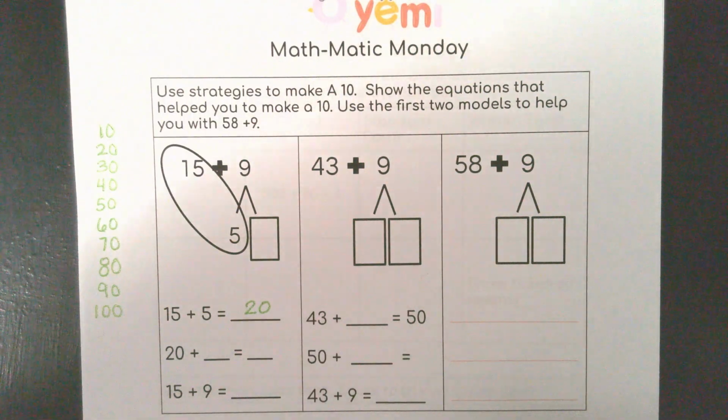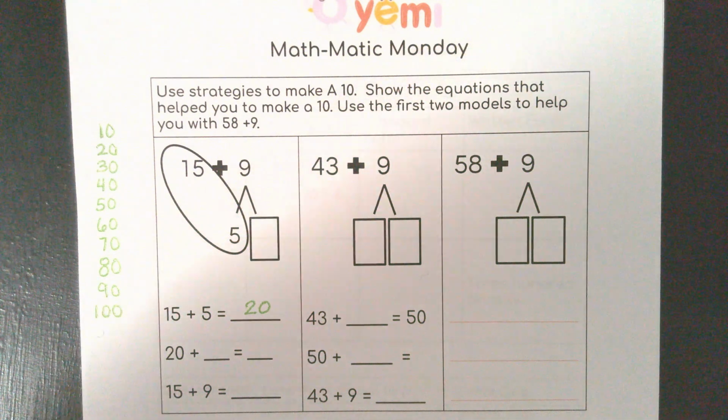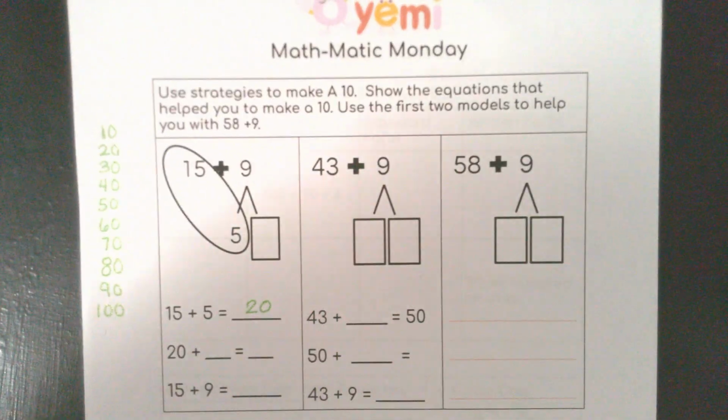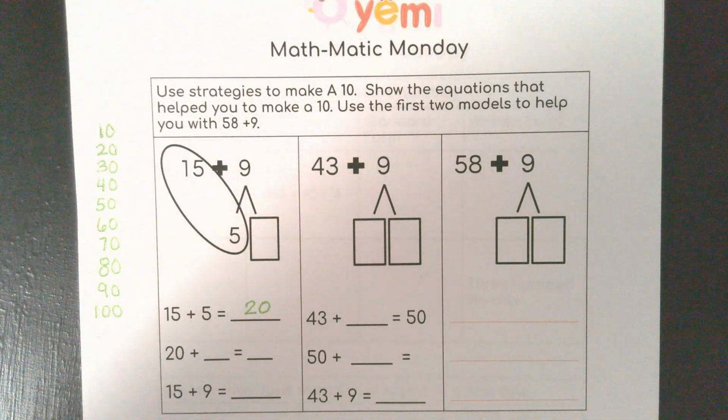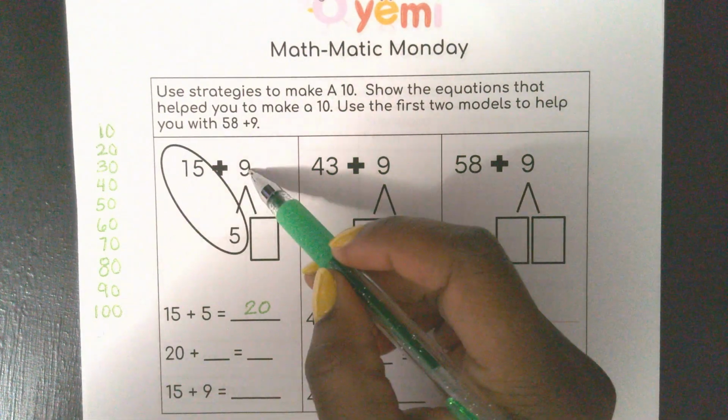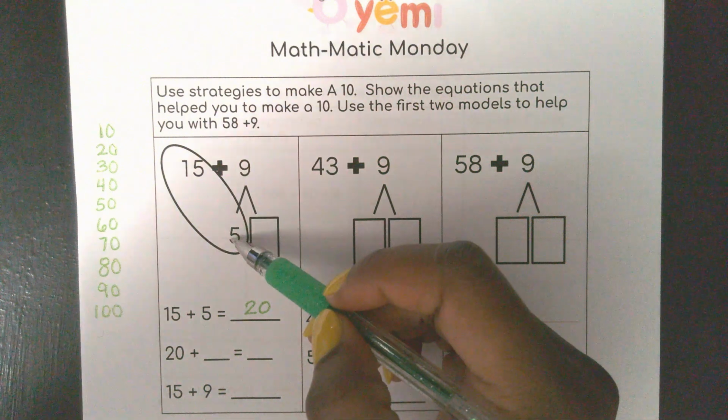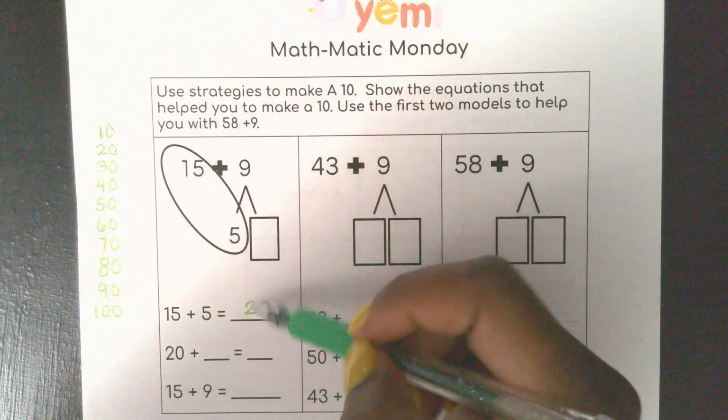So now that's going to make this really easy because I already made a 10. It's very easy to add to a 10. So up here, 9, I broke into 5. To give me that 10, 20.